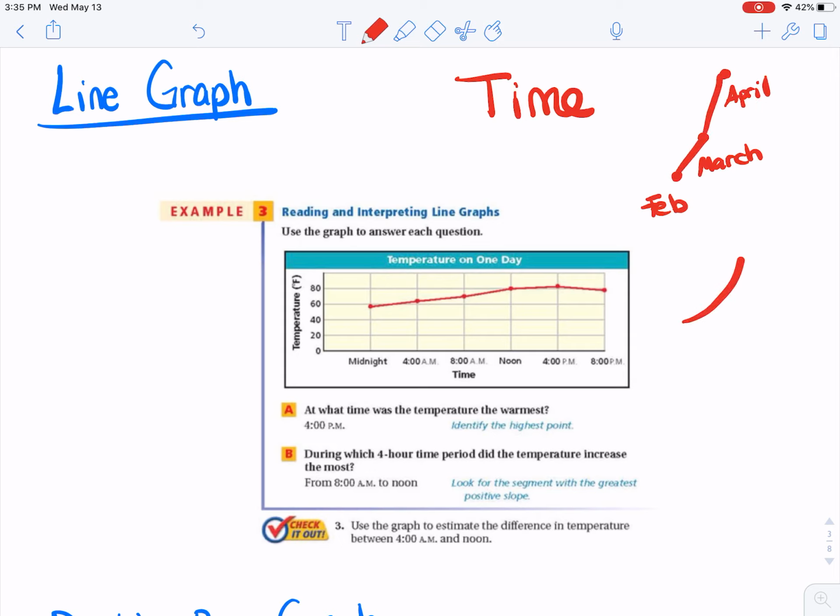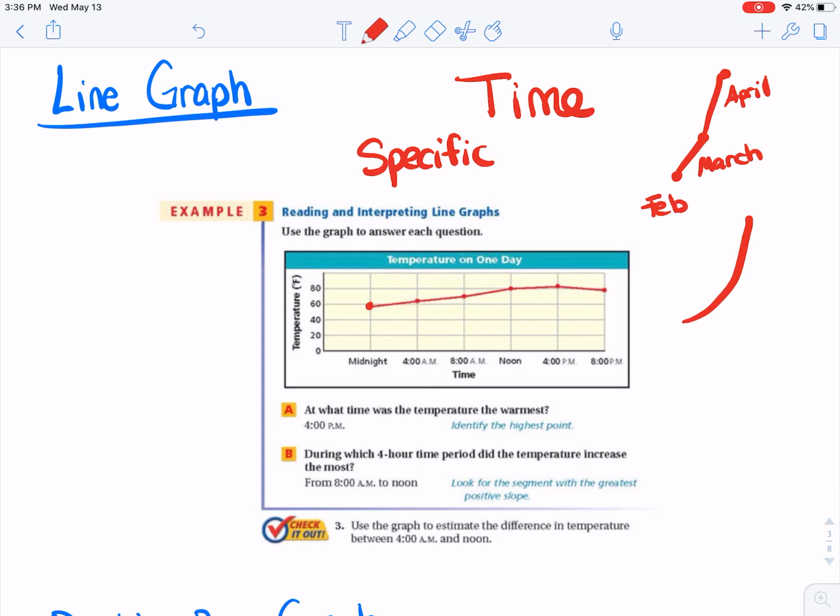It doesn't necessarily have to be a smooth curve to be considered a line graph. They could be exact, and they're also very specific. Looking at this example, they're talking about temperature over the day. Here it's specific as far as when the temperature was measured.